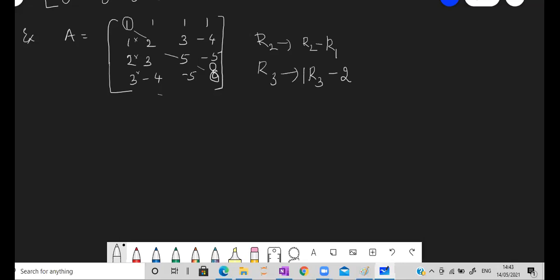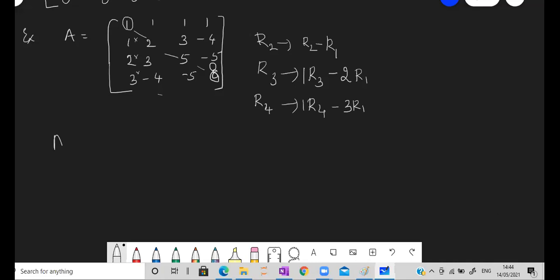This 1 is lying in R1, the first row. Similarly for R4, you tell, I'll not tell anything. R4 minus 3 R1. You want to reduce 3 with the help of 1, and this 1 is in R1. So with the help of the first row element, which is a diagonal element, you have to reduce the below elements to 0. Go step by step.